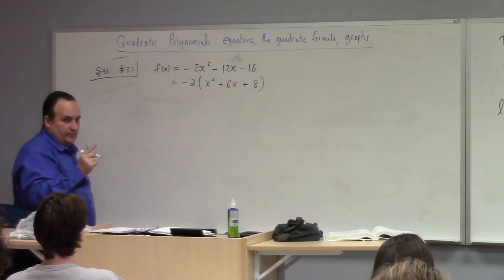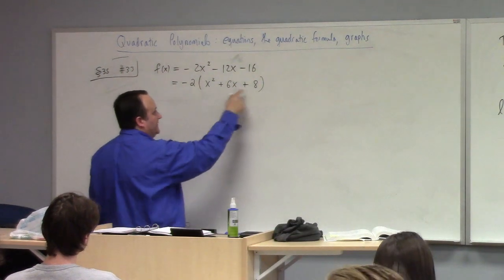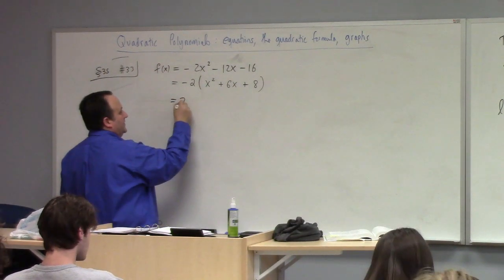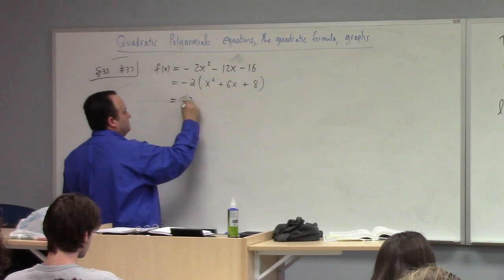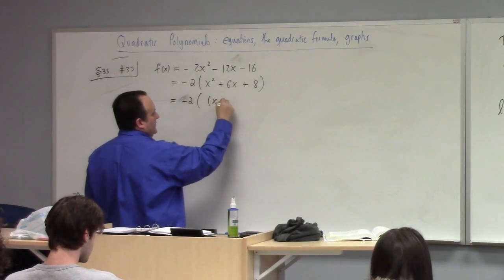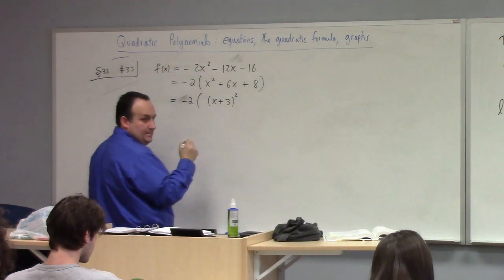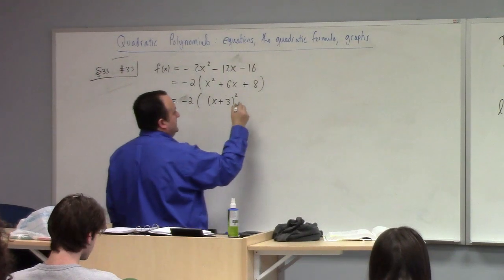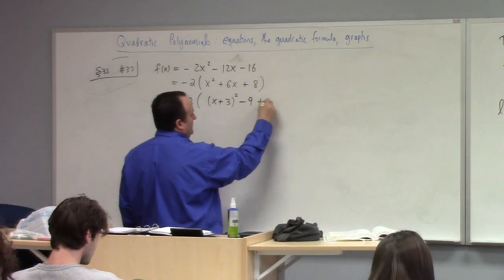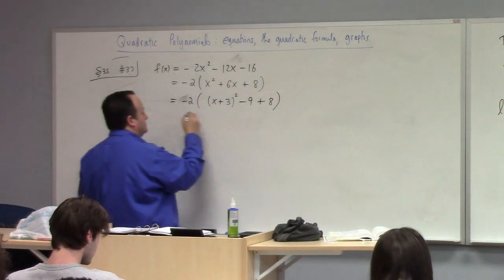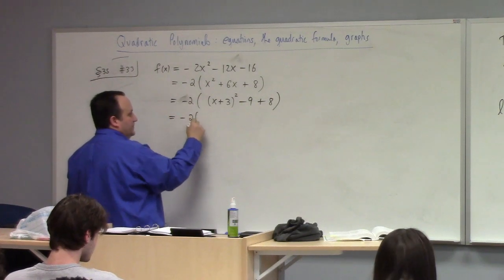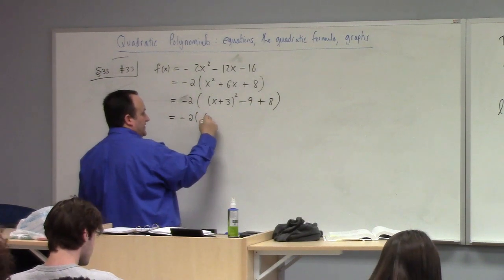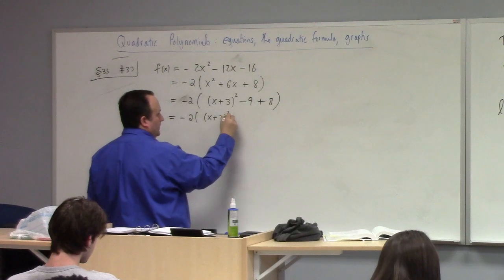And then I will complete the square on what's in the parentheses. So equals minus 2 times x plus 3 quantity squared, and minus 9 plus 8. And so what I have is minus 2 times parentheses x plus 3 quantity squared minus 1.